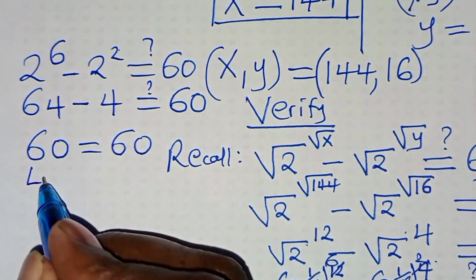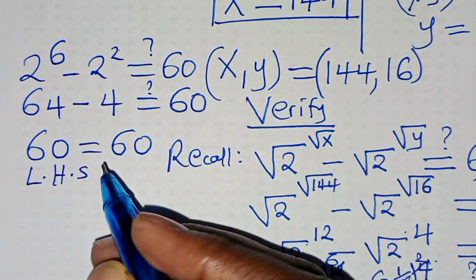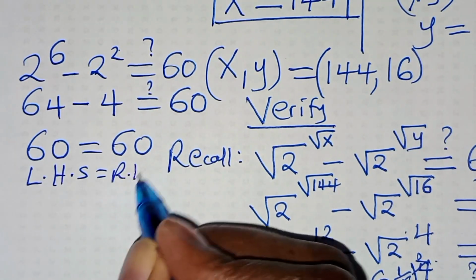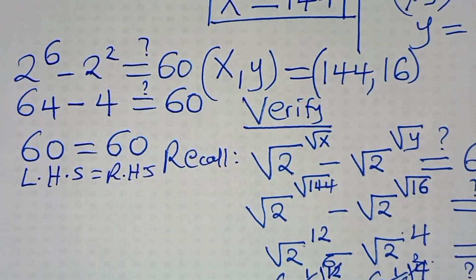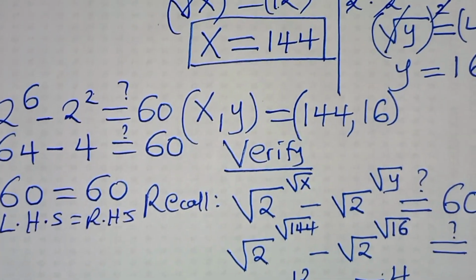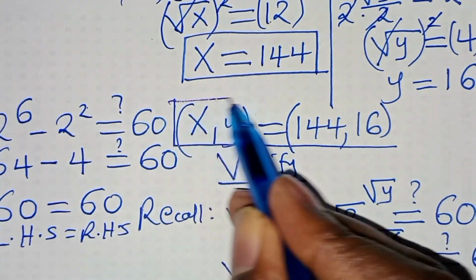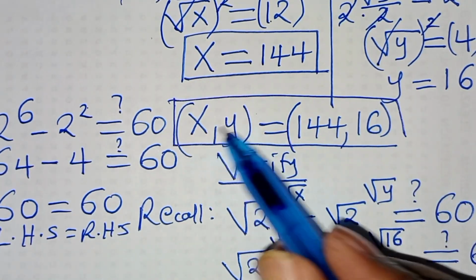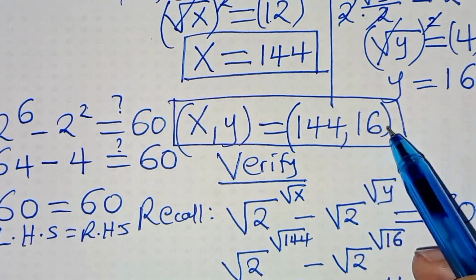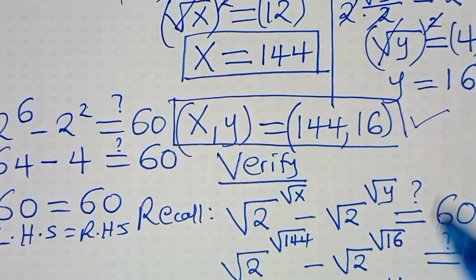So this implies that the left hand side is equal to the right hand side. So this implies that x and y satisfy the equation. x and y, which is 144 and 16, satisfy the equation.